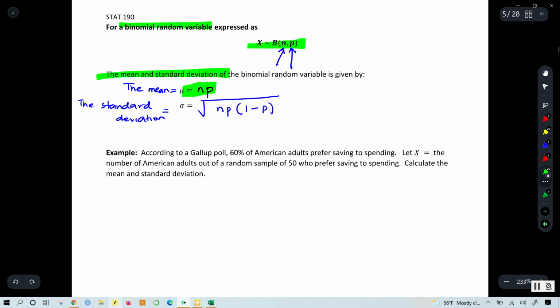Notice that the answer for the mean also features in the standard deviation.